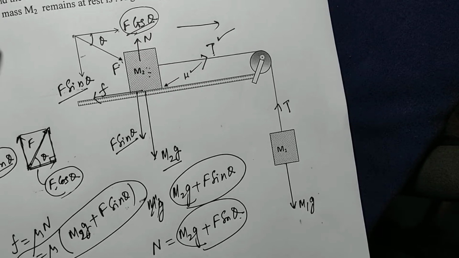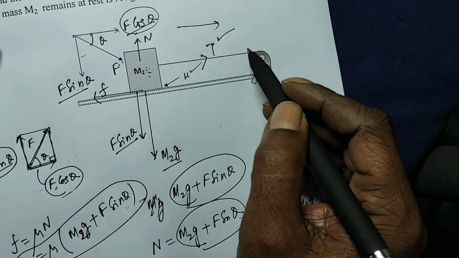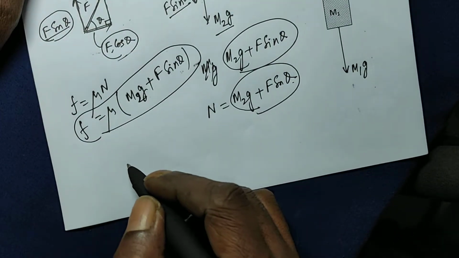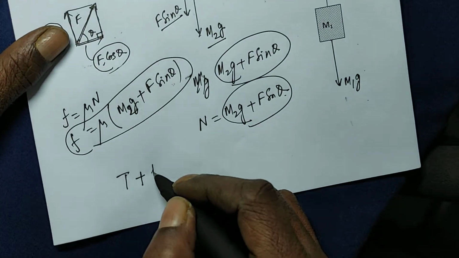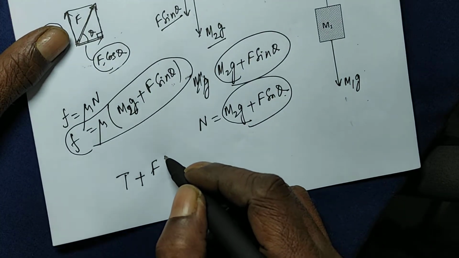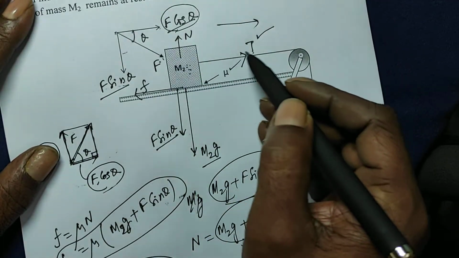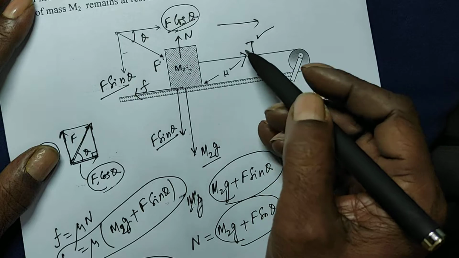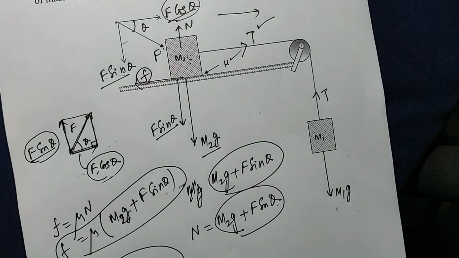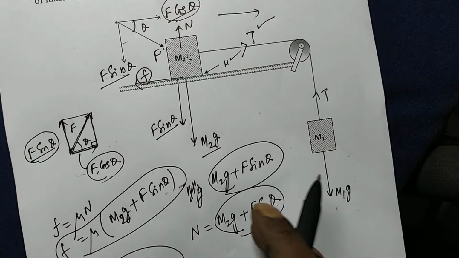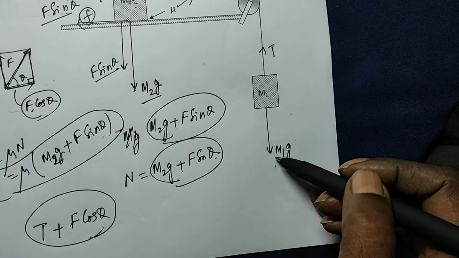So on the mass m2, the force towards the right is equal to T plus F cos theta, and this force T plus F cos theta is being opposed by the force of friction. Since this is not moving, therefore m1 is also not moving down.